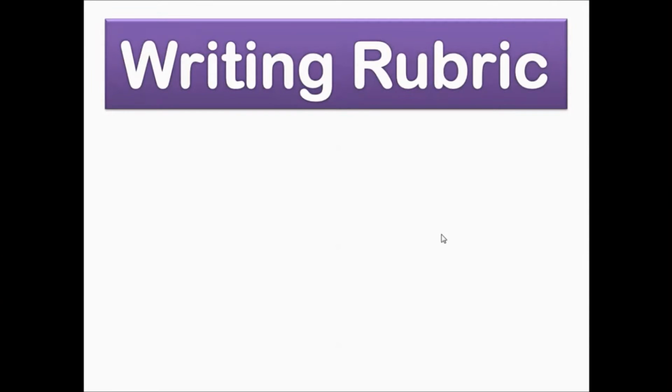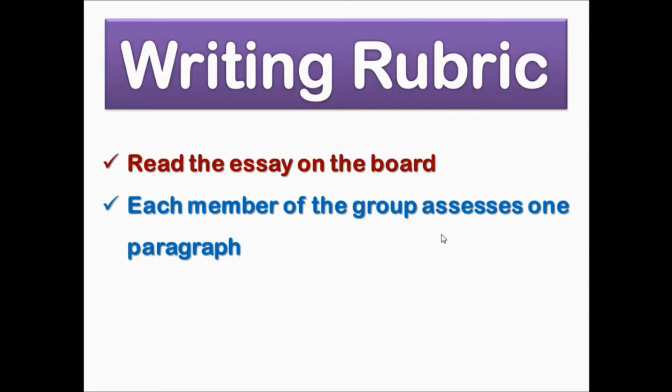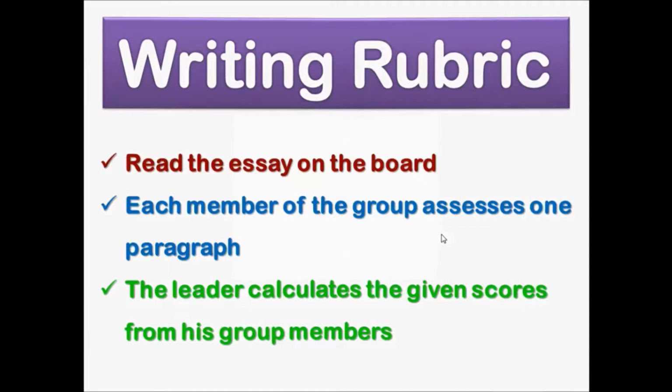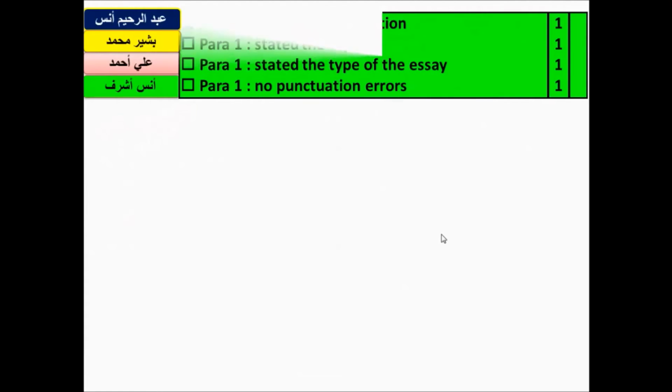For the assessment, I use two ways of assessment: self-assessment and peer assessment. I asked each group to read the essay, which was to be shown on the board. I divided the roles among group members and asked the leader to calculate the given scores from his group members. Each group knew what to do.